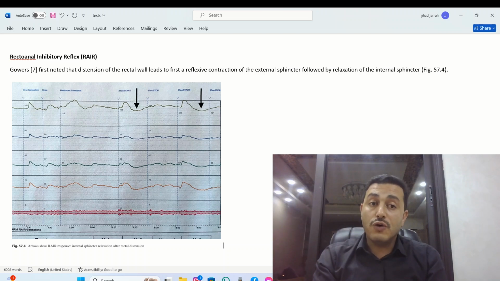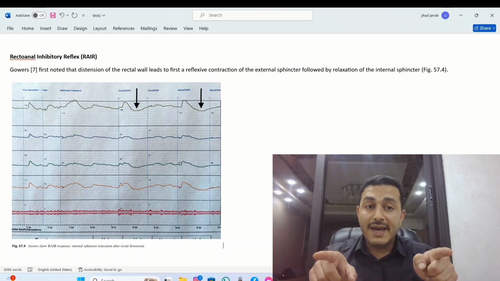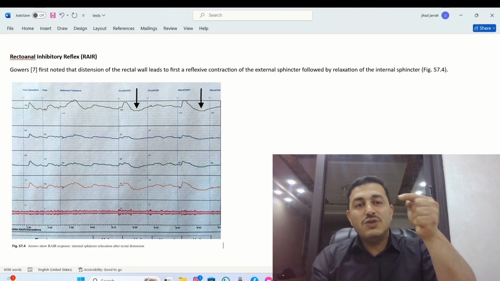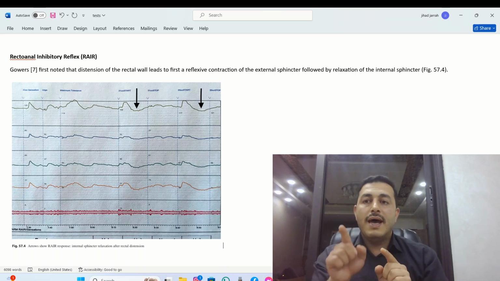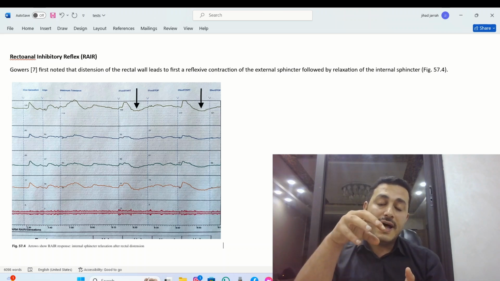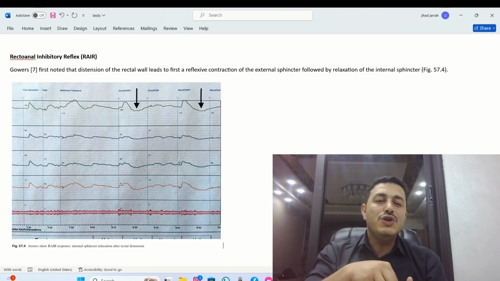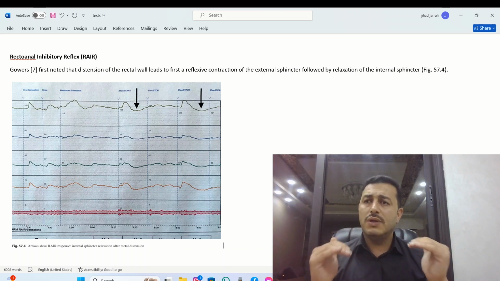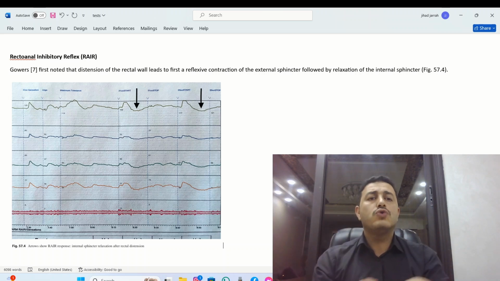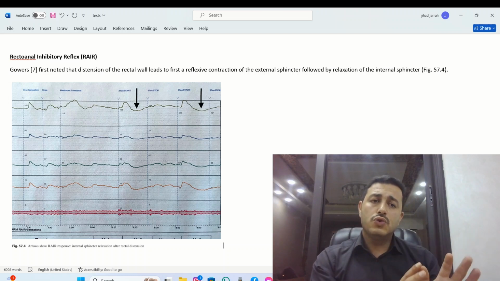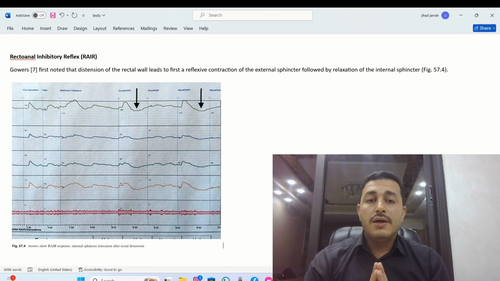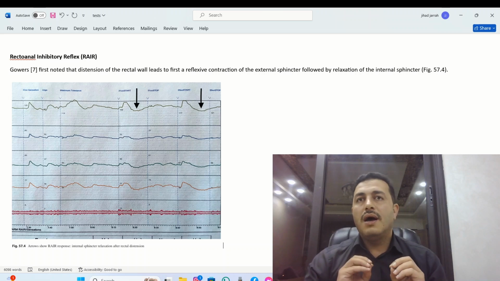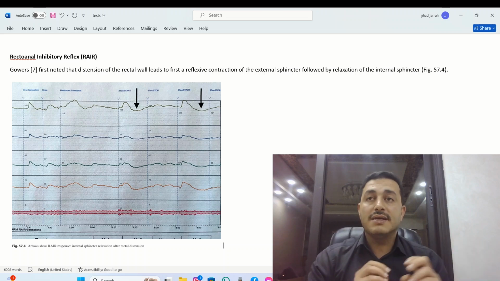So again, distension of the rectum causes contraction of the external anal sphincter and relaxation of the internal anal sphincter. This will allow the content of the rectum to reach the proximal anal canal, and at that level we decide to go to the bathroom, or, if it is socially unacceptable, not to defecate and to keep the maintenance.